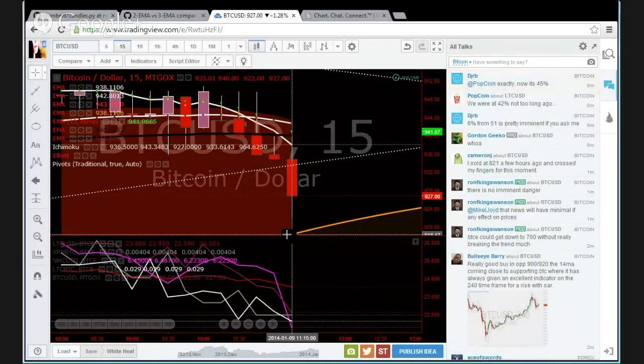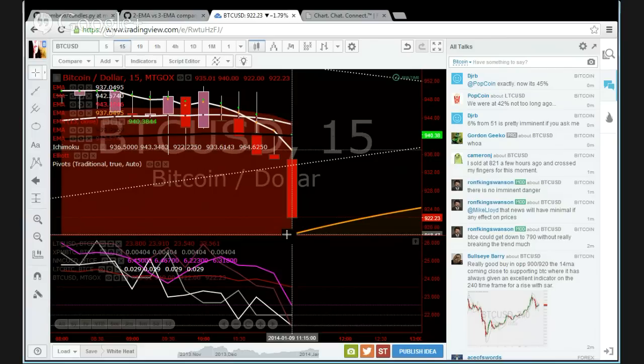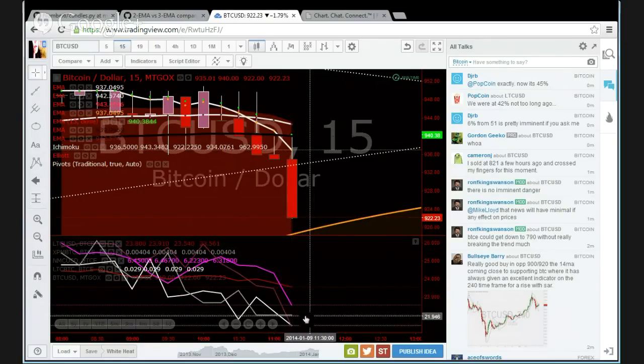And the BTC USD Mt. Gox pair certainly took the brunt. It looks like it's going to take another further run. And then there goes the Litecoin. Primecoin holding on to its price.